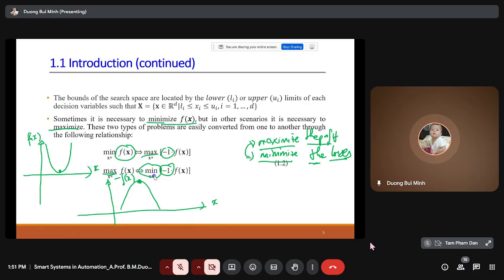So for the course project, I will give you the objective function. I ask you to use some optimization method to minimize or maximize the objective function value. Your task is to try to understand the objective function I gave you.